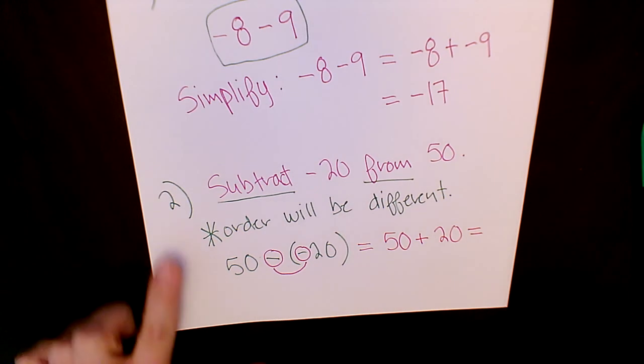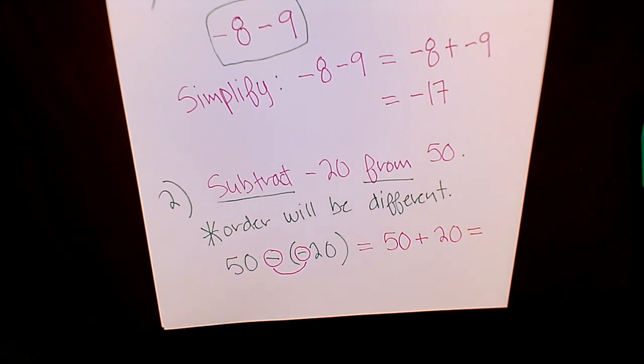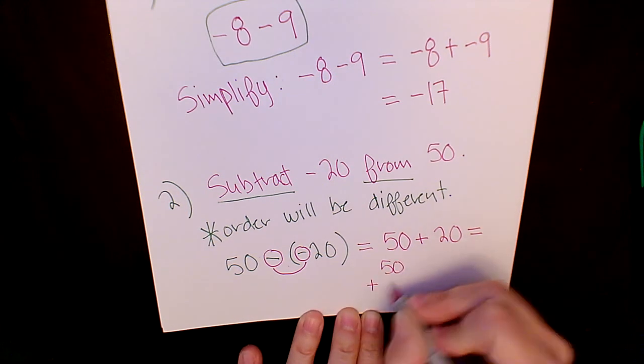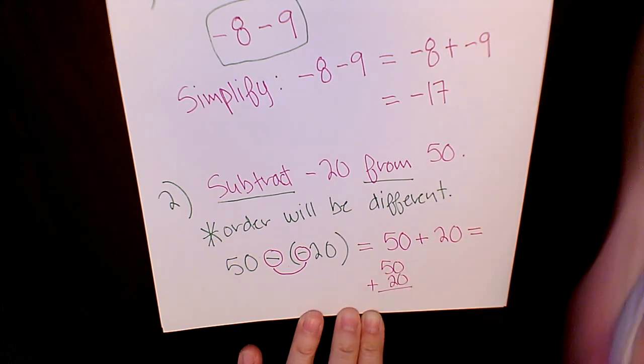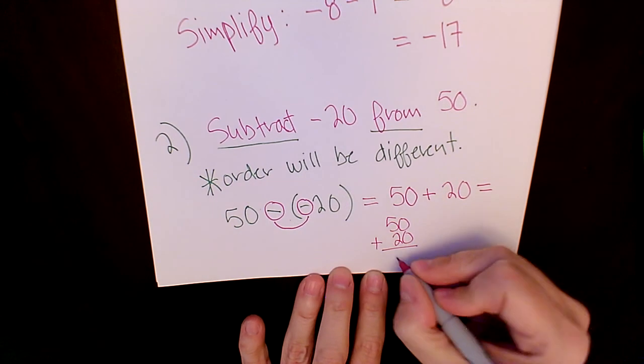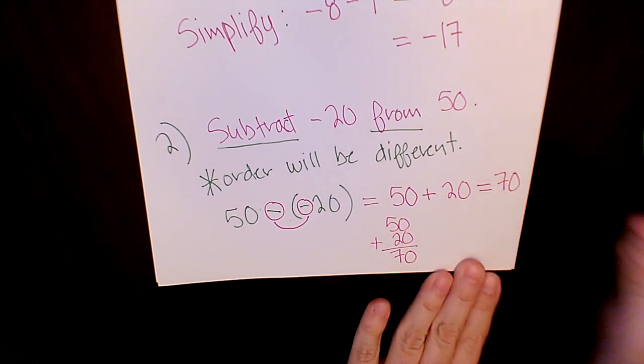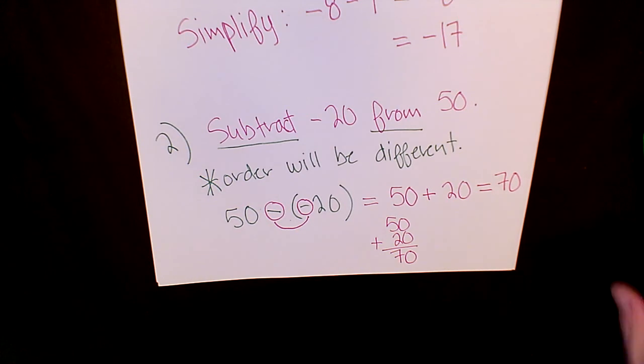And I'm just going ahead in case they ask you to simplify. What's 50 plus 20? Let me add down for you. So 50 plus 20 is just 70.